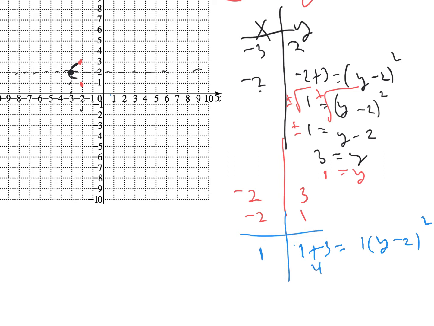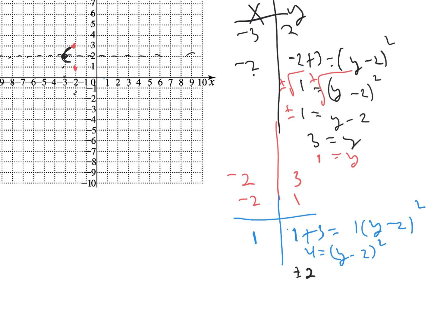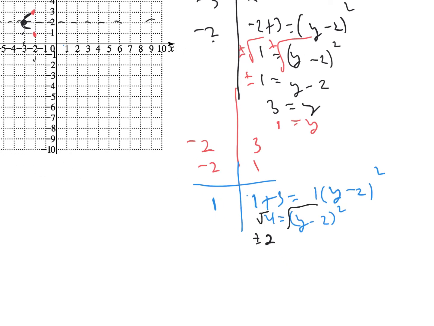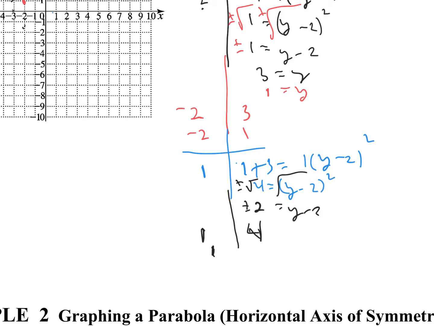That gives me a 4 equals y minus 2 squared. Take the square root, and again, what happens is I get plus or minus 2. I took the square root of both sides, I get a plus or minus 2 equals y minus 2. So when I have a 2 plus 2, that's a 4. Or if that's a minus 2 plus 2, I believe that's a 0.